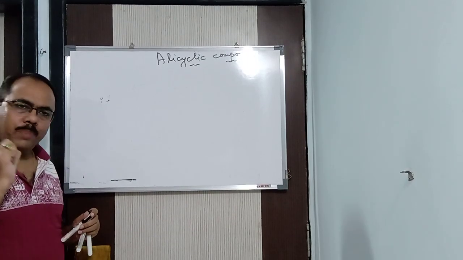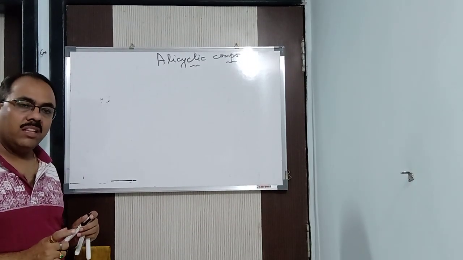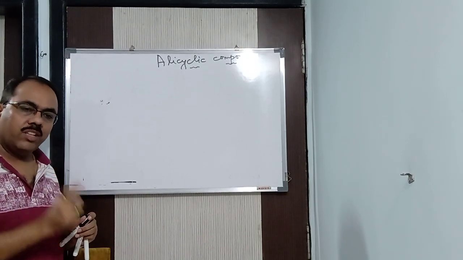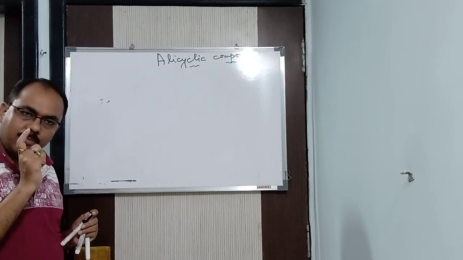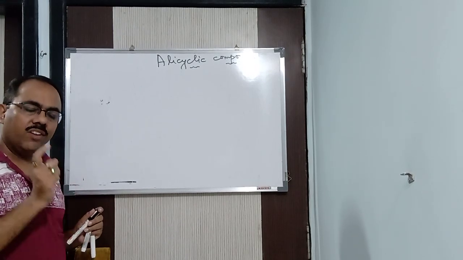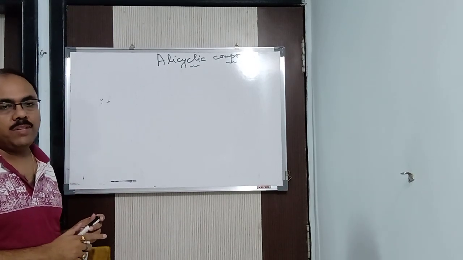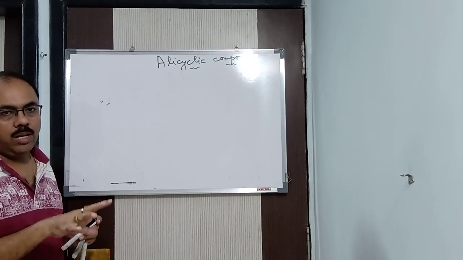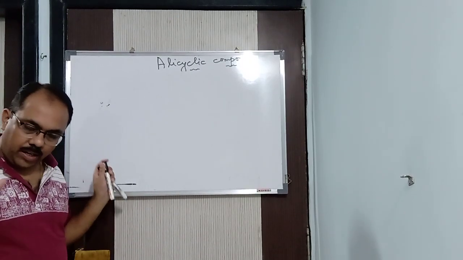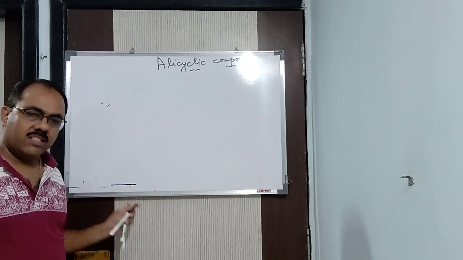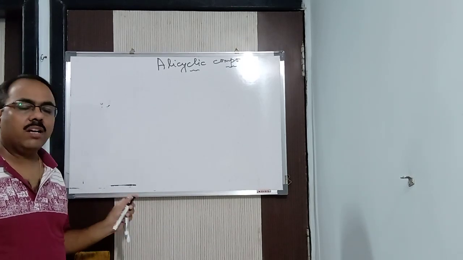Then, irrespective of the number of carbon atoms in the ring, the chain is given the preference. That means chain is the root word and ring is always the prefix, irrespective of the number of carbon atoms.